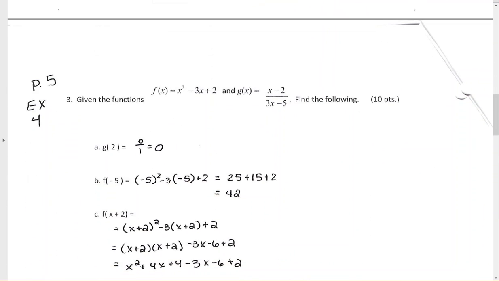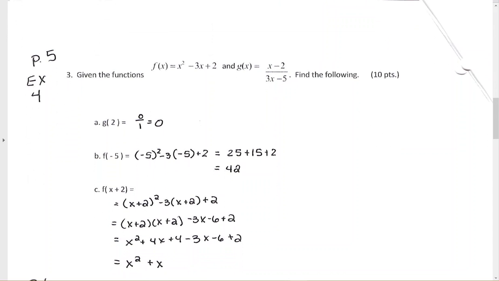Question number 3 was example 4 on page 5. This is where you plug in your information, and this is where some of you just gave me a number and then the number was wrong, so I couldn't give you any partial credit.